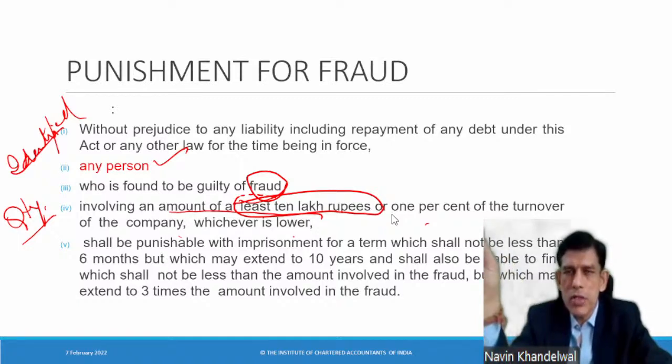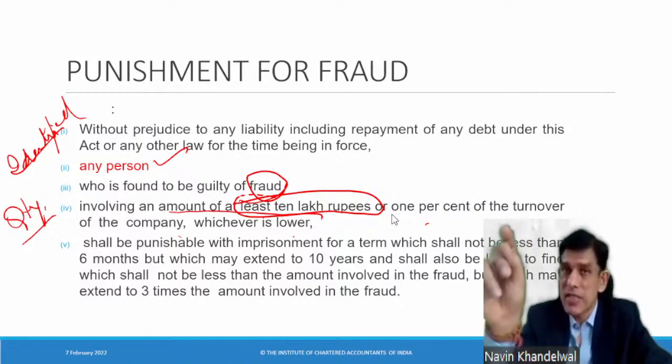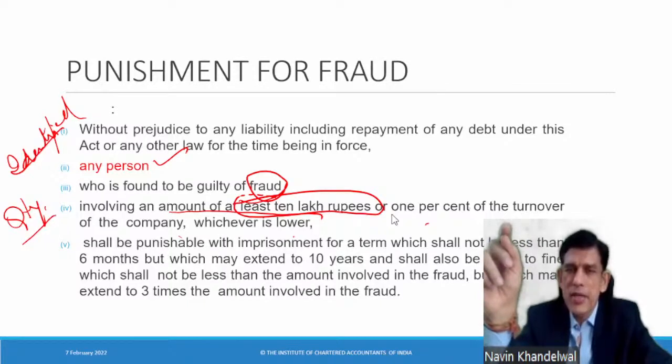So if you have a turnover of 1,000 crore, then in that case 10 lakhs is the lower part. In today's context, 10 lakhs is a very small amount. So even if there is a fraud of 10 lakhs, you will fall under this category of 447. Remember, friends, very important. Looking at inflation, 10 lakhs is a very small amount.